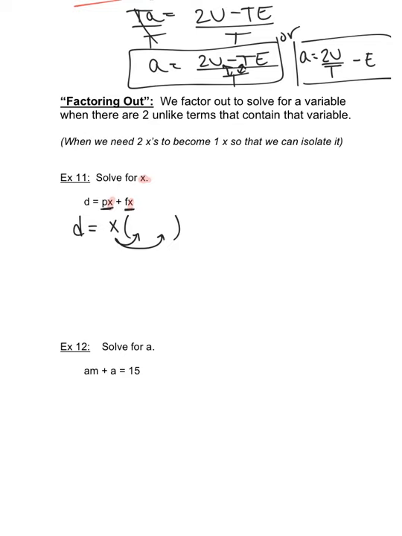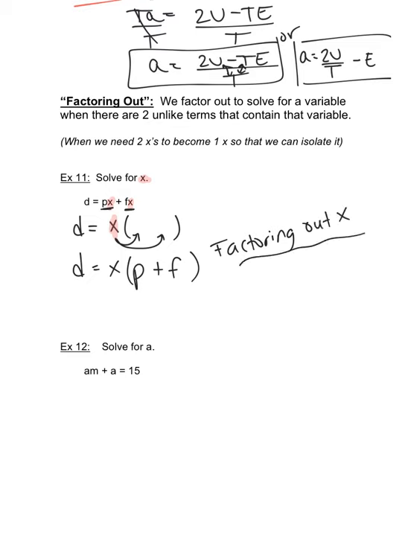And by doing that, you're turning those 2 x's into one single x that could then be isolated later. So if I write now d equals, as a second step, think to yourself, x times what would give you px? Well, x times p is px. And x times what would give you fx? x times f is fx. So now you've turned those 2 x's into a single x, and this is called factoring out the x.